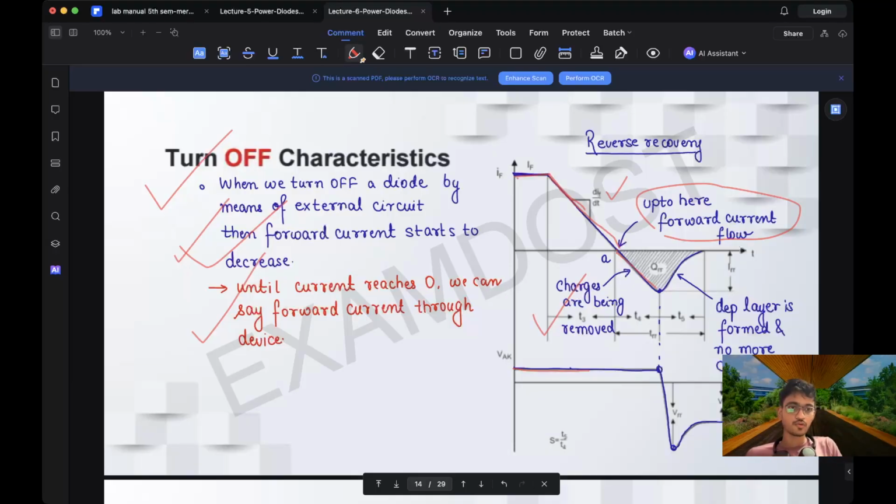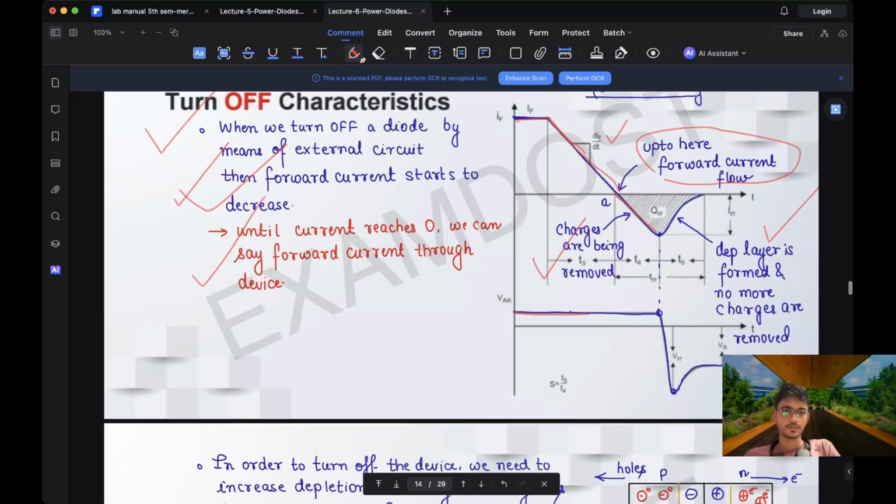Depletion layer is formed and is at the maximum. You can't form a bigger depletion layer than this. So the maximum current, then it would recover up to zero, or you can say 25% of the reverse recovery time. Voltage is up to this.